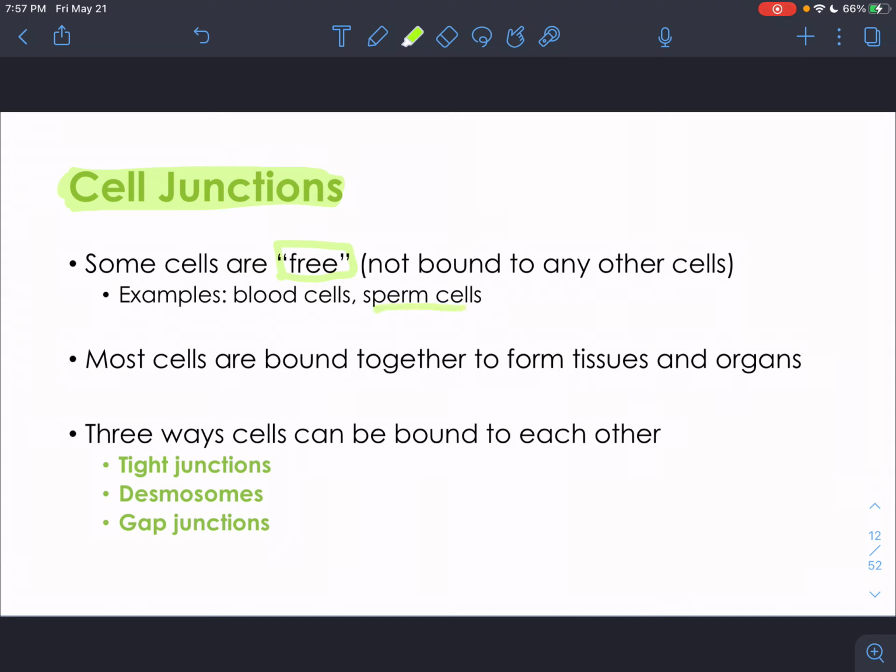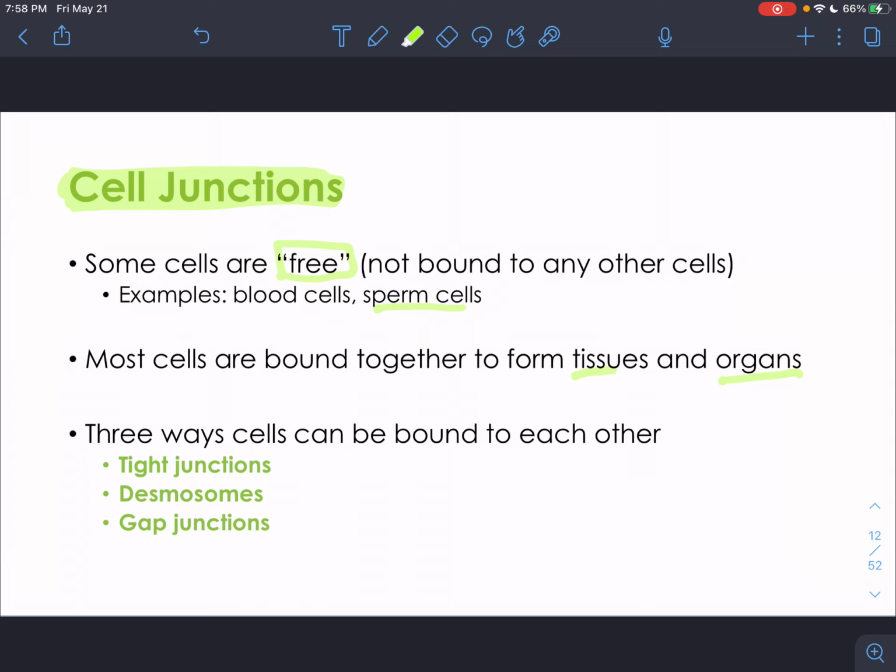But most cells are bound together. So we have tissues and organs in our body that are like a solid mass. So there has to be some sort of connections between these cells to make this solid mass of tissue and to make these organs that can function, like your heart, to be able to pump as one organ.